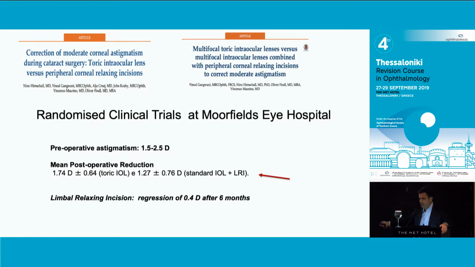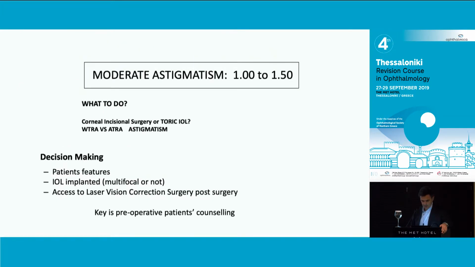Well, the number is there, but remember there will always be a little bit of regression, which is worse in our older patients when you are correcting against-the-rule astigmatism, because through our life, with-the-rule will decrease whilst against-the-rule will increase. So take that into your plans. For moderate astigmatism, it really is based on your ability to correct it with incision.